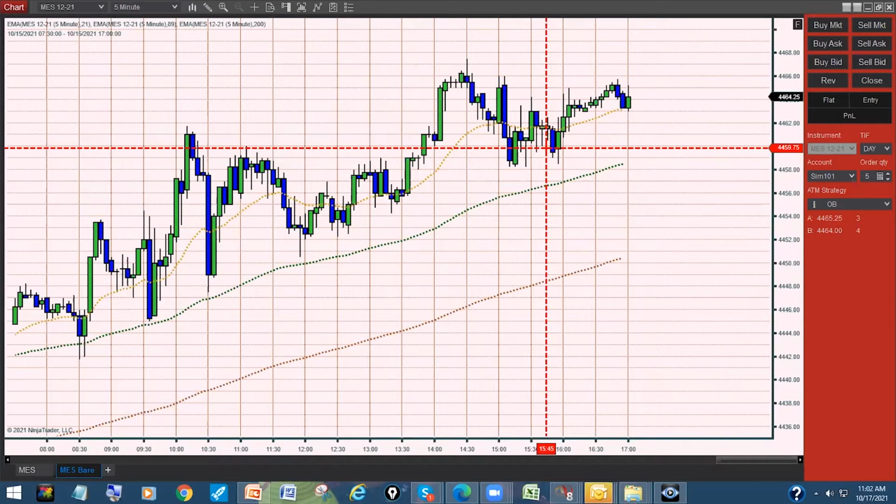I always had difficulty understanding the difference between a pullback and a trend reversal. And one of the things that I came across that really helped me out is putting Bollinger Bands on my chart. What the Bollinger Bands do is they simply do mathematical functions in the background and plot them on your chart, right?